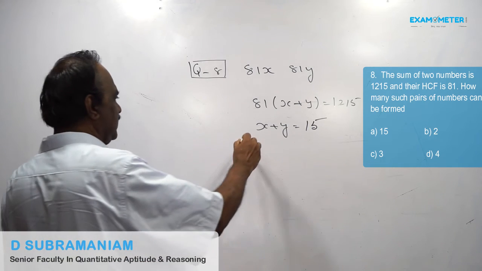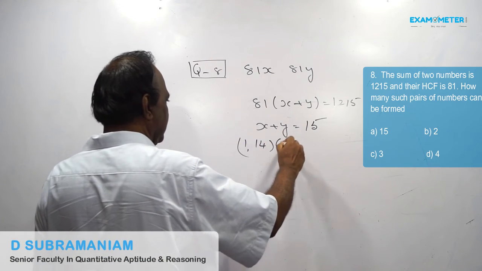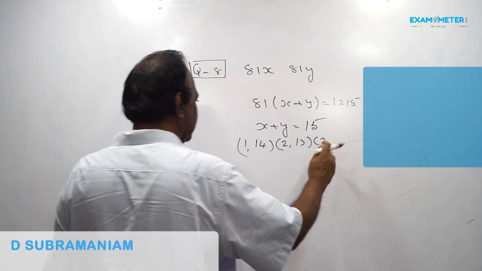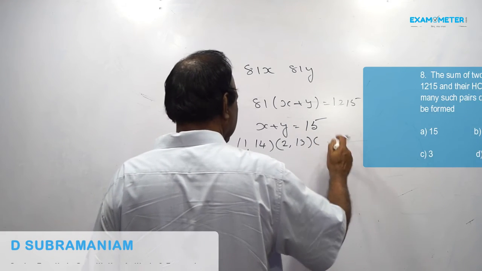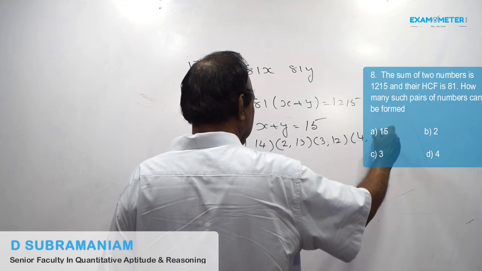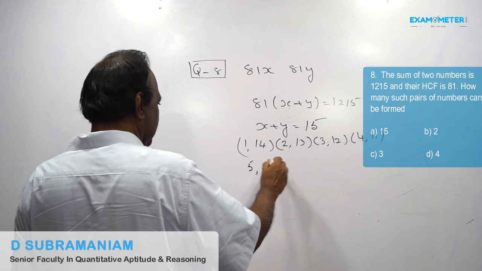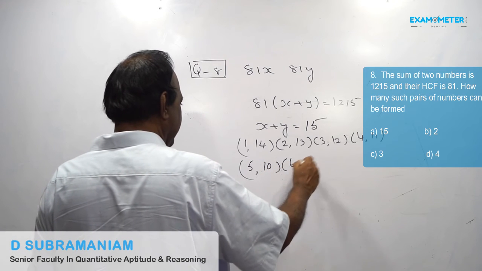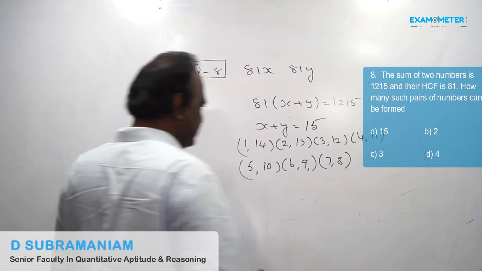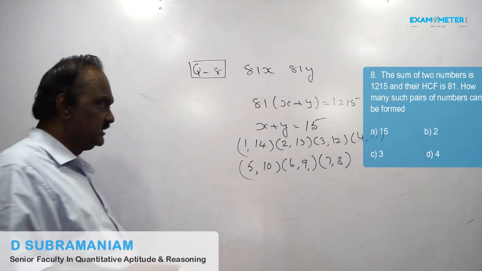Now 1 plus 14, 15, 2 plus 13, 15, 3 plus 12, 15, 4 plus 11, 15, 5 plus 10, 15, 6 plus 9, 15, 7 plus 8, 15. These are the possible pairs.